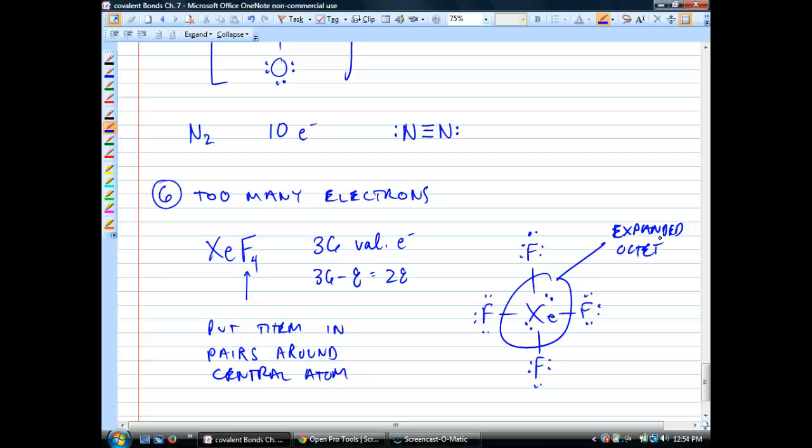Yes. Yeah, so in these you could get SF6, for example, sulfur hexafluoride, when those extra electrons are actually more bonds. So now we could have 6 bonds. Or 5. Yeah. So that's when you have too many electrons.